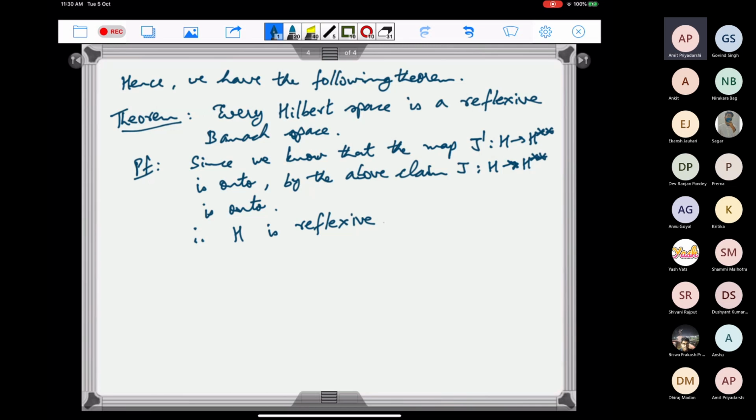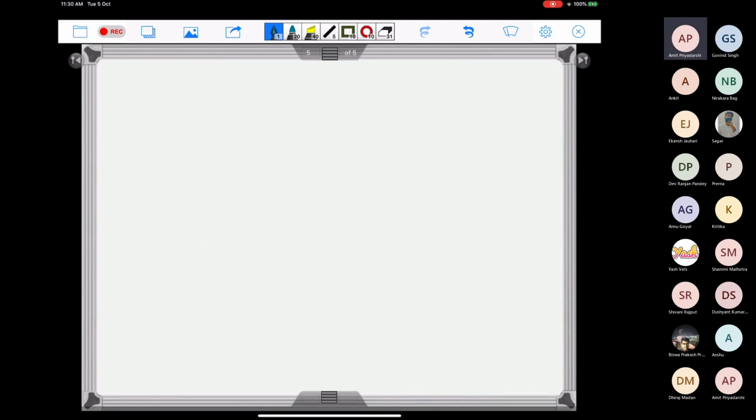So, adjoint of bounded linear operators on a Hilbert space.